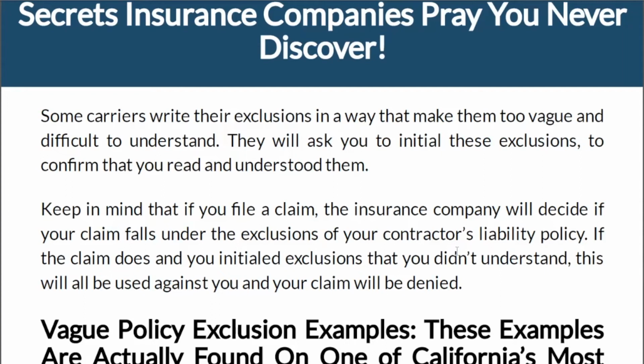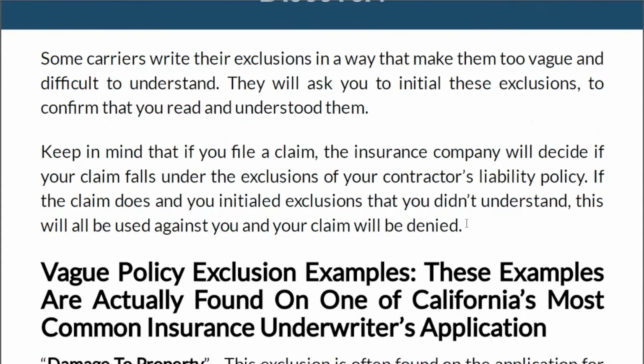Keep in mind that if you file a claim, the insurance company will decide if your claim falls under the exclusions of your contractor's liability policy. If it does, and you initialed exclusions that you didn't understand, this will be used against you and your claim will be denied. Now I'm going to go over some vague policy exclusion examples.